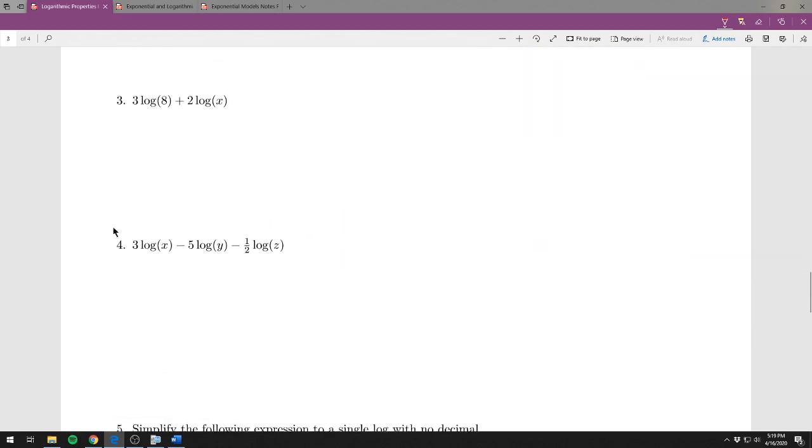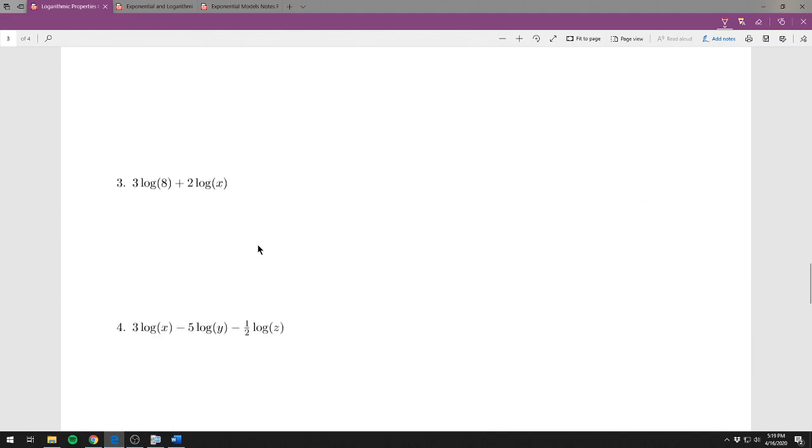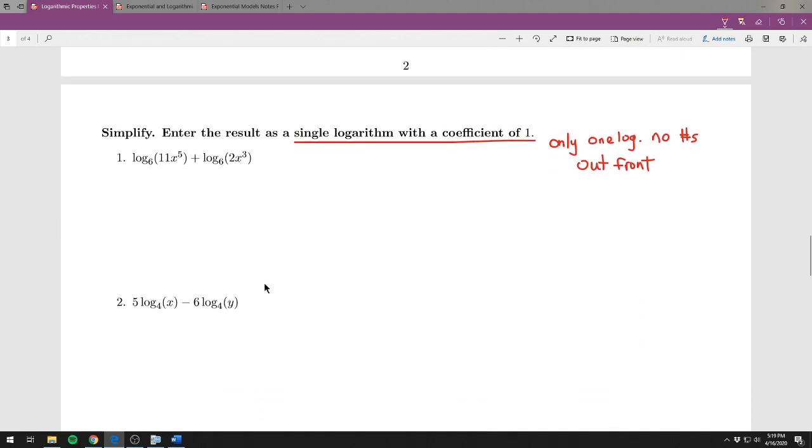We'll have one example with 3, that way you can see how we can do 3, but most of them are just 2. You'll also notice that the log bases in these problems are all the same. That's really when you can use these rules. We'll go ahead and get started.